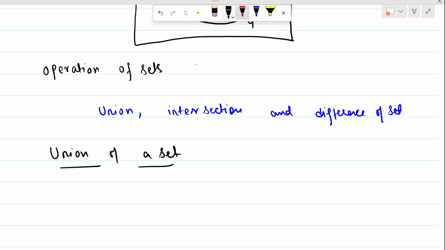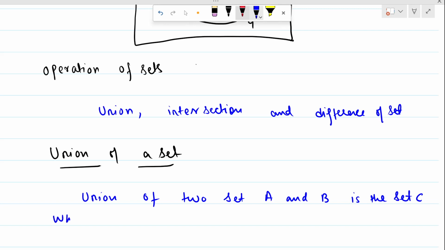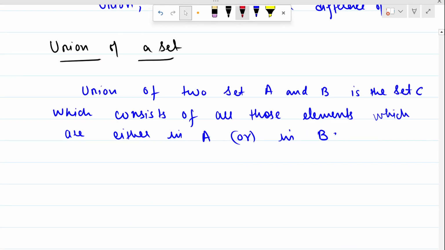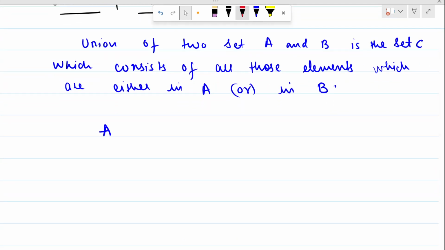What is a union? The union of two sets A and B is the set C, which consists of all those elements which are either in A or in B. Symbolically we write A union B, where this symbol means union.